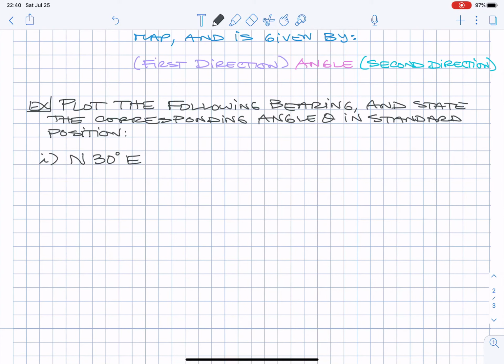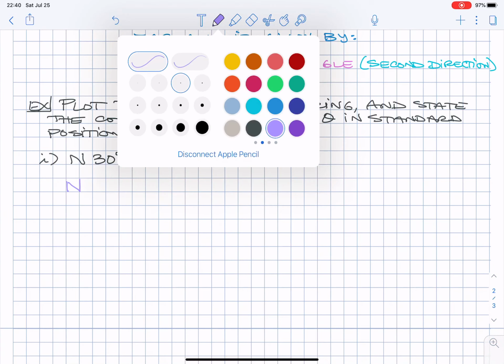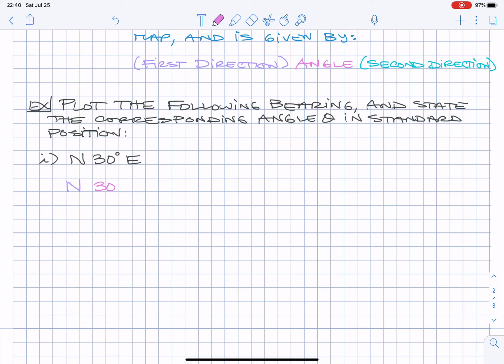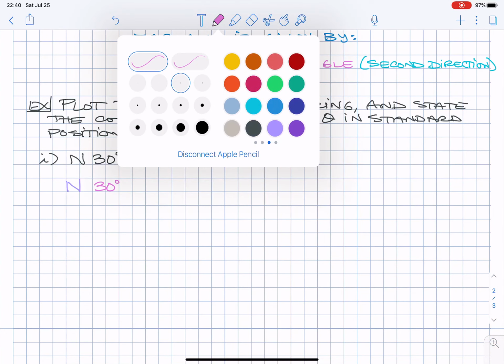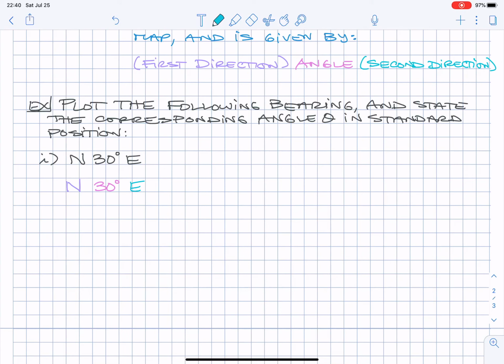So what does this mean? So this is first direction is north. The angle given is 30 degrees, and the second direction is east. Okay, so let's do x and y coordinate axes, which will be directional axes now. So x and y normally, so this is east and west.